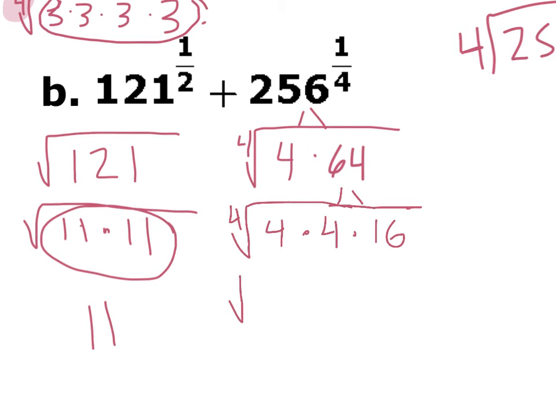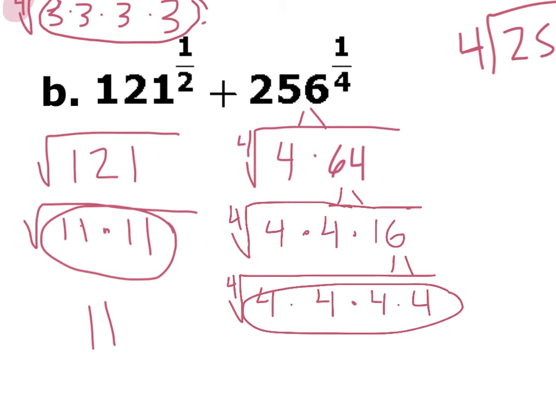That also works. If we do 8 and 8, we'll get the same answer at the end. So we have 4 times 4 times, what are 2 factors of 16? 4 and 4. How many numbers do we need to circle here? We need to circle 4. How many 4s do we have? 4. So what's our answer for this part going to be? 4.